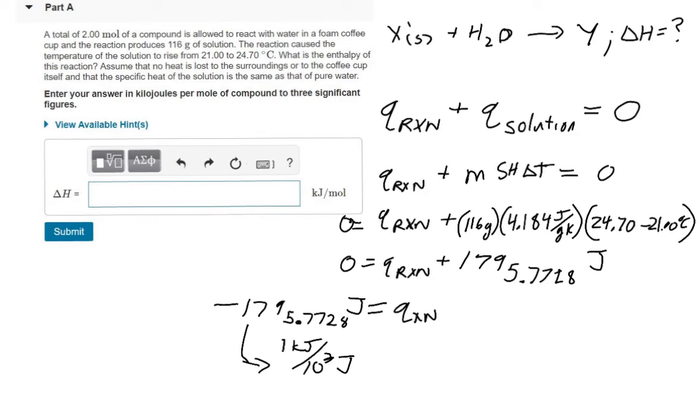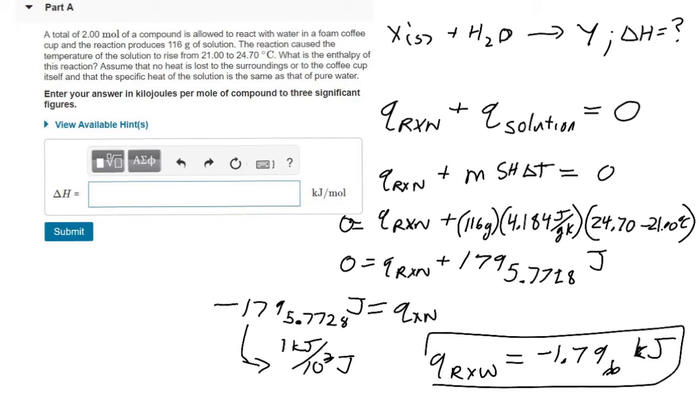And that gives us 2, 3, ... Now, this is not our final answer. This is just the amount of heat released for what we actually reacted. We want this to be in terms of heat of reaction, which is always kilojoules per mole.